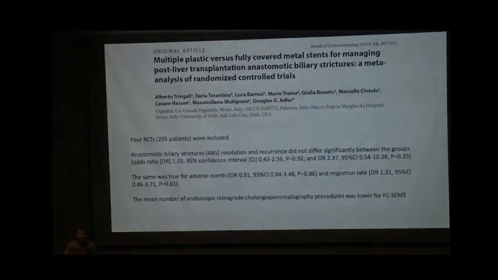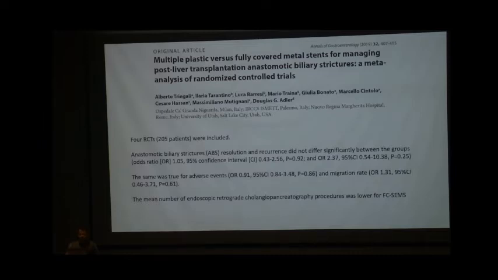Coming to a meta-analysis of RCTs, this is a meta-analysis of 4 RCTs comparing covered metallic stent and multiple plastic stent. This included 205 patients, and again, anastomotic biliary stricture resolution and recurrence did not differ significantly between the groups. So in these 4 RCTs, the meta-analysis showed that there was no significant difference between placement of a covered metallic stent and multiple plastic stents.